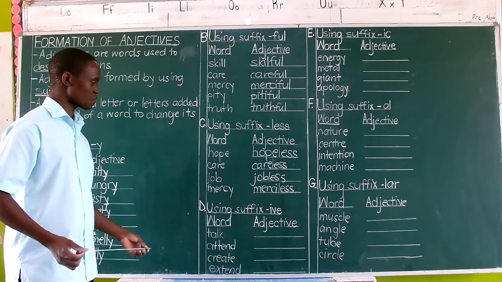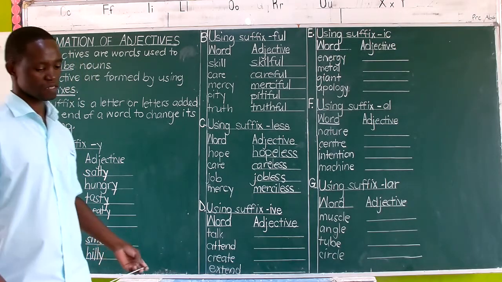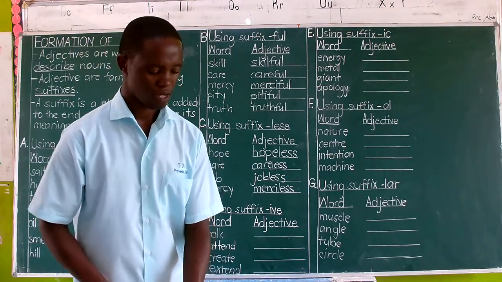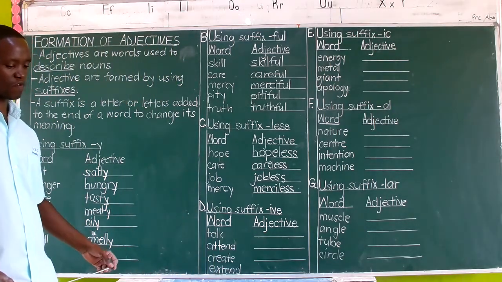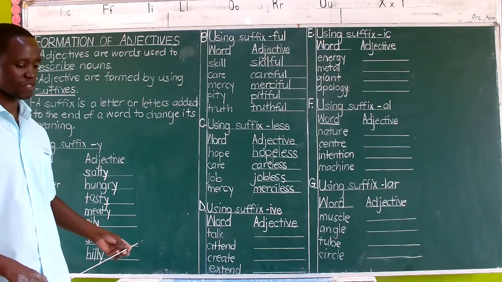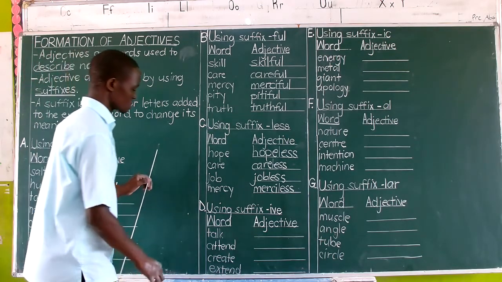Using suffix IVE. Yeah, we have adjectives that are formed by using suffix IVE, as shown on page 11 of your workbook. The first word is argue, turning it into an adjective becomes argumentative.